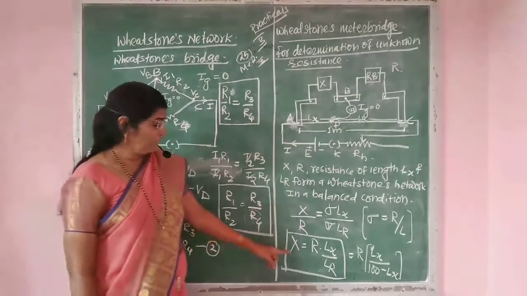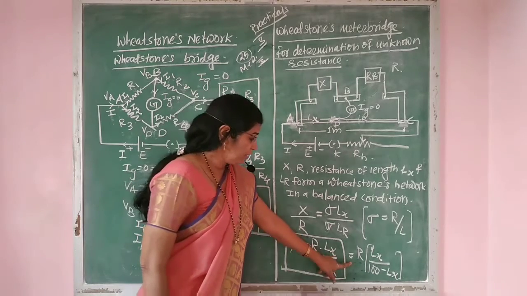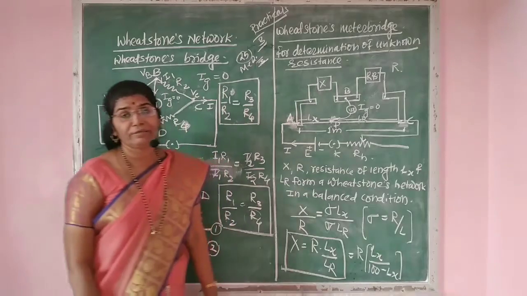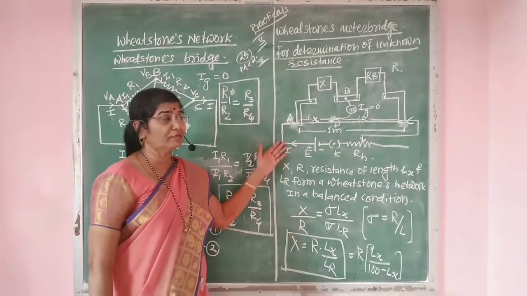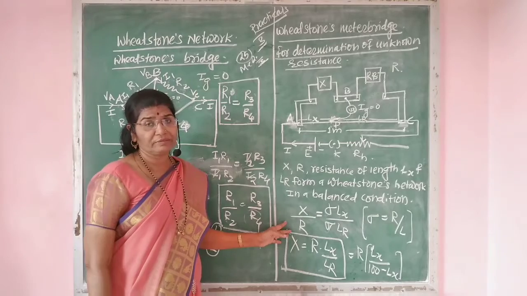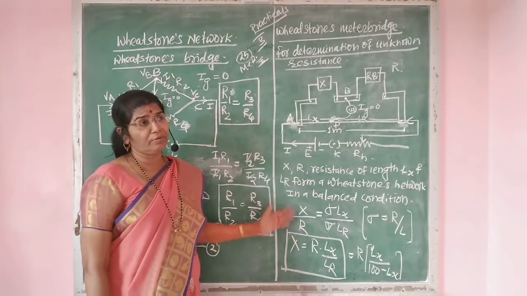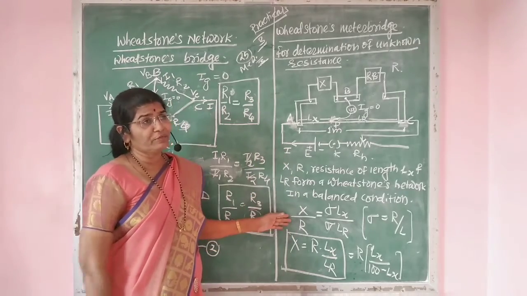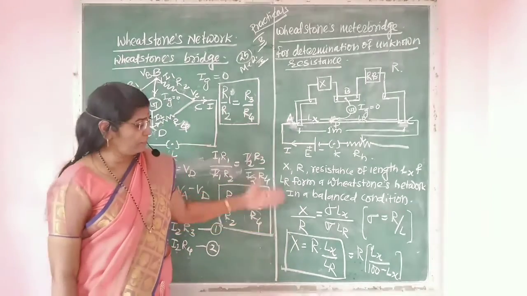Hence, X is equal to R into Lx divided by LR, or R into Lx divided by 100 minus Lx. This is also important, asked in the board exam for 3 marks. Problems are asked in the board for 3 marks, and a number of MCQs can be prepared from this bit also. This is the important formula used.